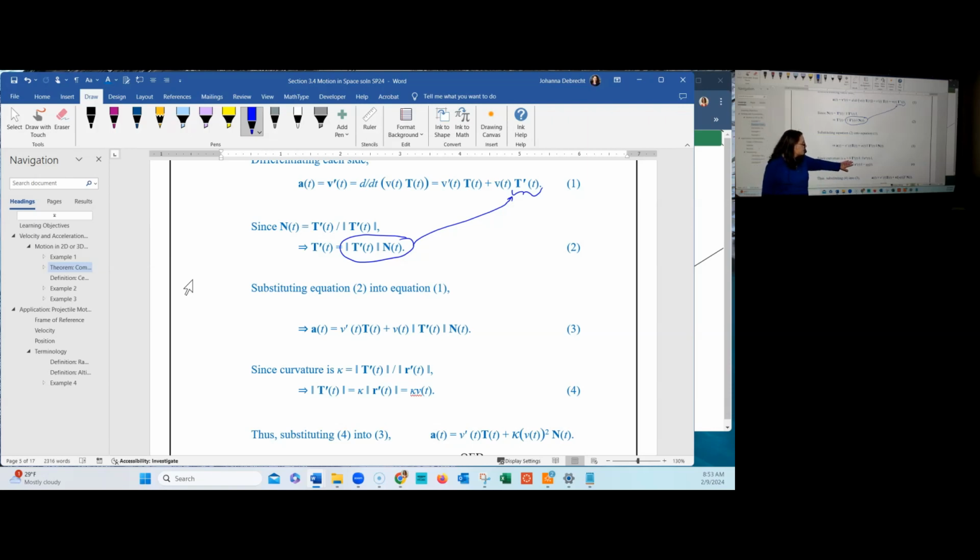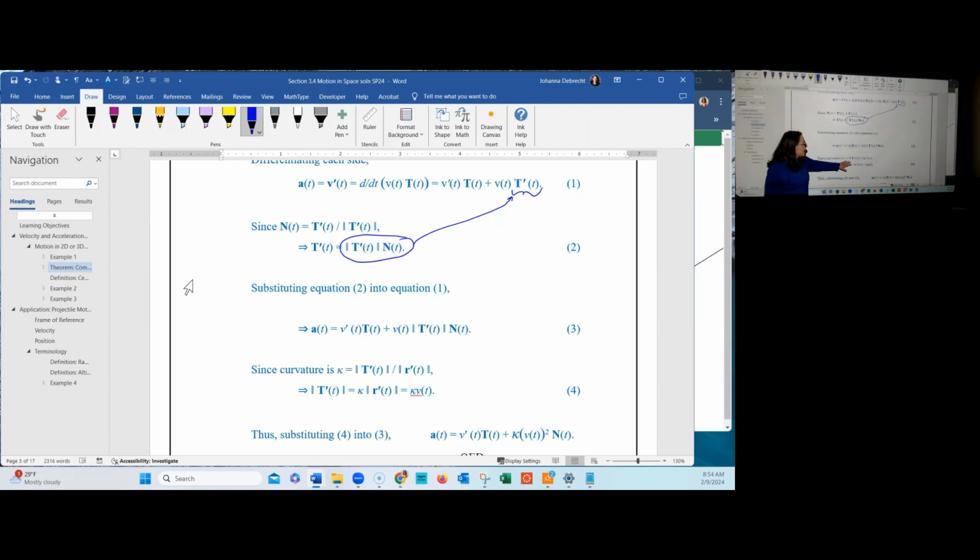And kappa is given by the magnitude of the derivative of the unit tangent vector divided by the magnitude of the tangent vector. So unit tangent vector and tangent vector are related. They lie in the same direction, but they're not the same.